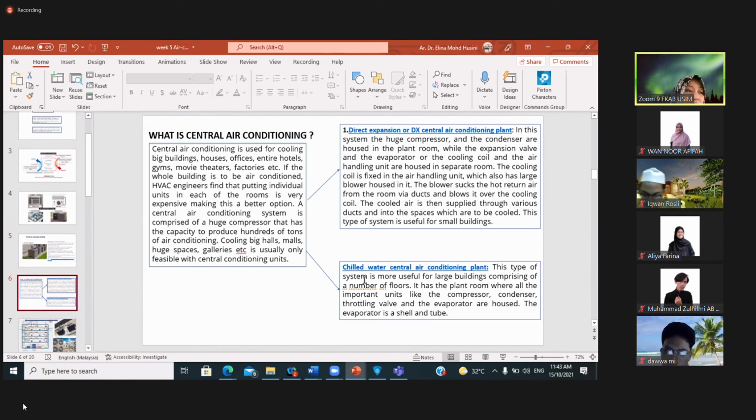Kat situ ada chill water. The type of system is more useful for large buildings saja, comprising a number of floors. It has the plant room where all the important units like the compressor, condenser, throttling valve, the evaporator are in that plant room. The evaporator is a shell or tube.